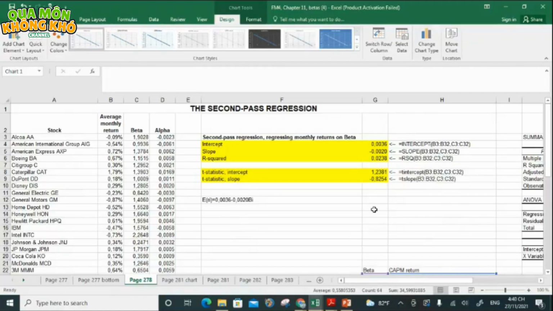We use the S&P 500 to represent the market portfolio, but sometimes it's not enough.